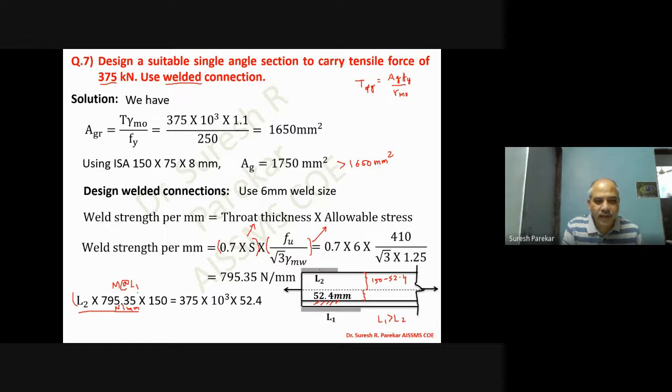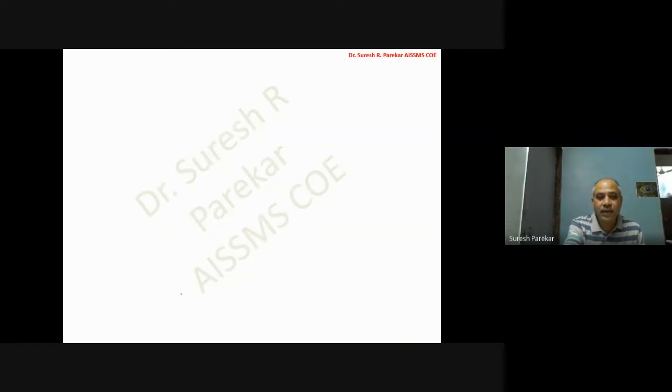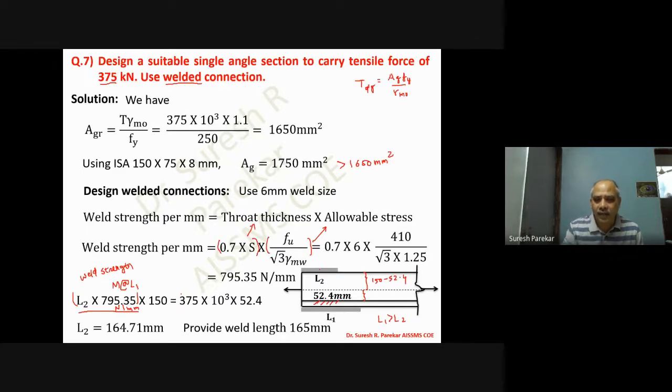This weld strength into the perpendicular distance, which is 150, gives the value of L2 equal to 164.71 millimeter. So provide weld length 165 millimeter. So L2 we have provided 165 millimeter. Now the total length required is equal to axial force upon weld strength per millimeter, which gives us 471.49, and L1 we will get as 306.49. So provide 310 millimeters. Now you can have another choice in this one.